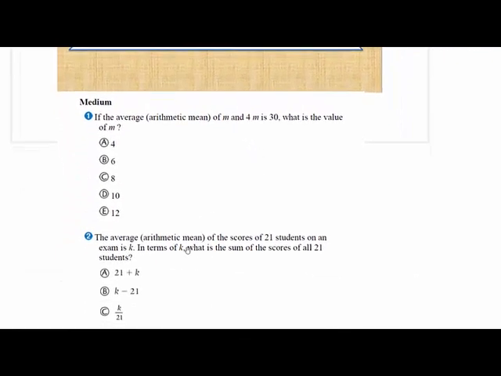If the average of m and 4m is 30, what is the value of m? So we'll use the formula sum equals average times the number of terms. So average is 30, and the number of terms is 2, right? Average of m and 4m.